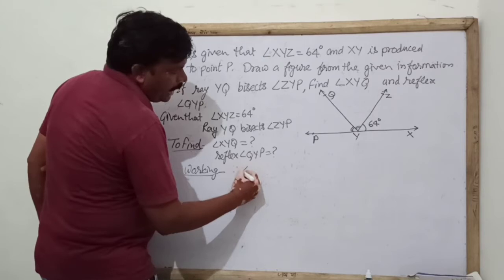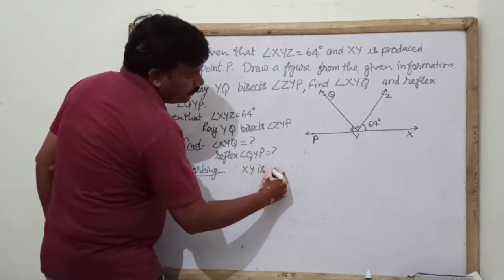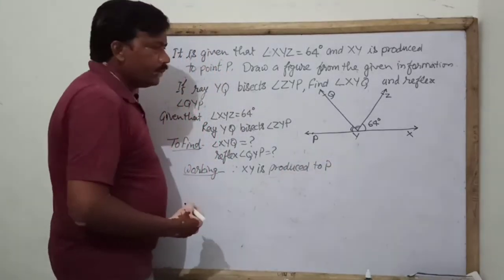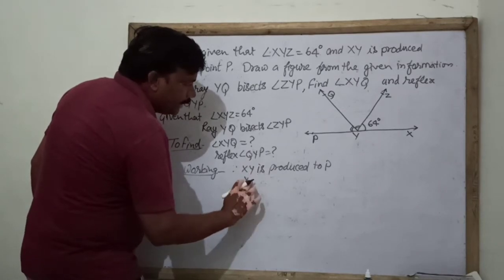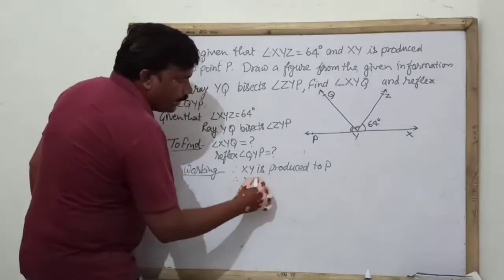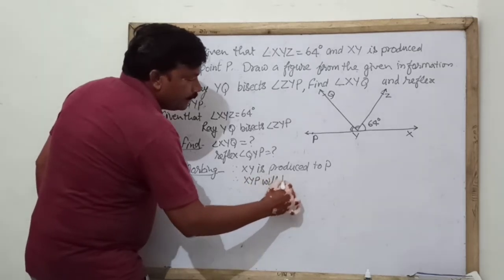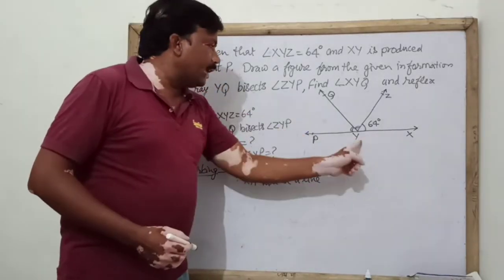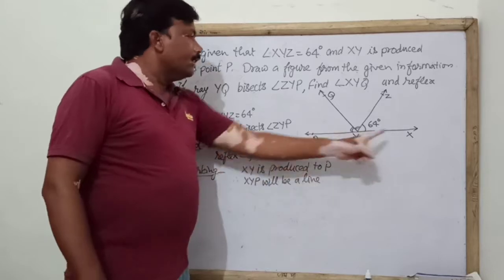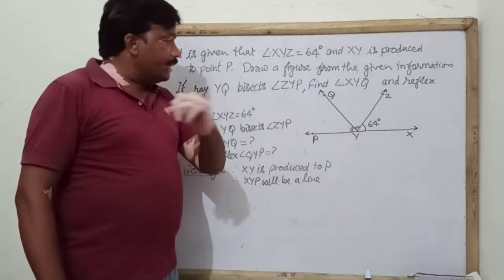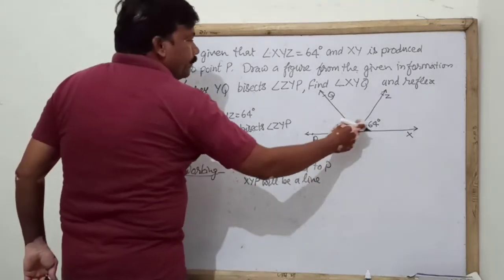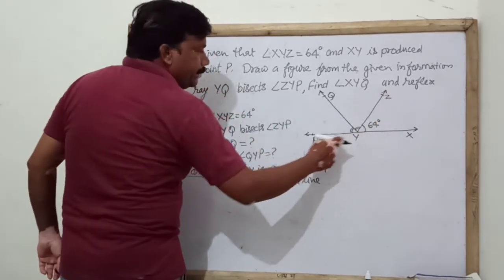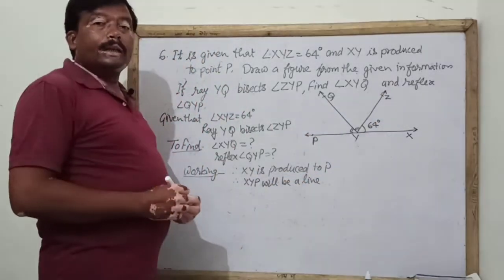Since XY is produced to point P, XYP will be aligned. Since XY is produced to point P, so XYP will be aligned, and angle XYZ and angle ZYP will be a linear pair.